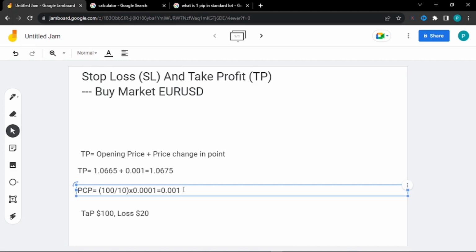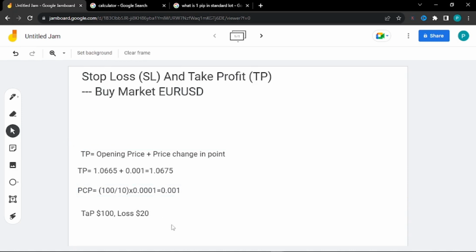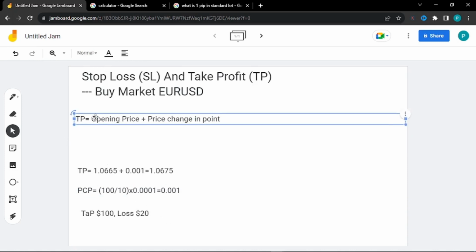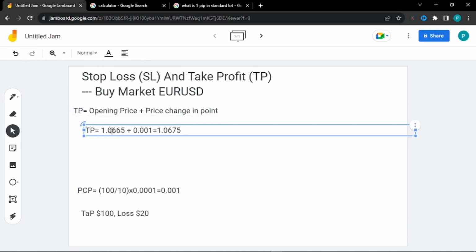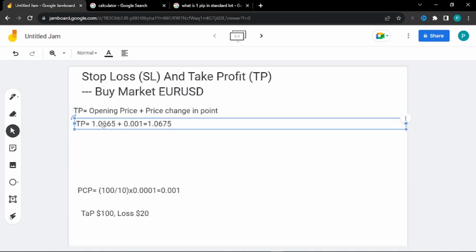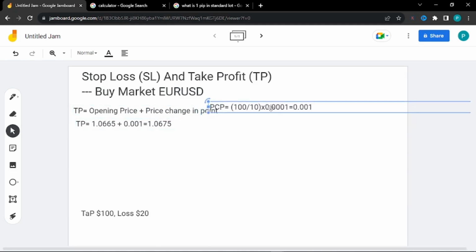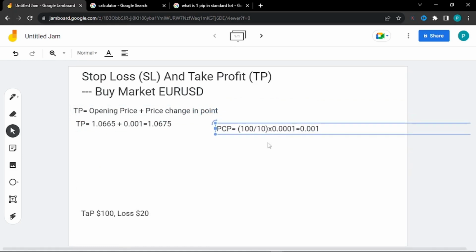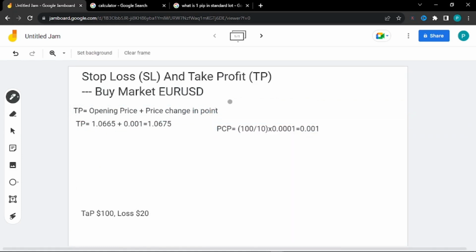And to calculate your stop loss is simply applying an opposite formula. So let me take all of this. This is for your take profit calculation, and then over here is for your price change.